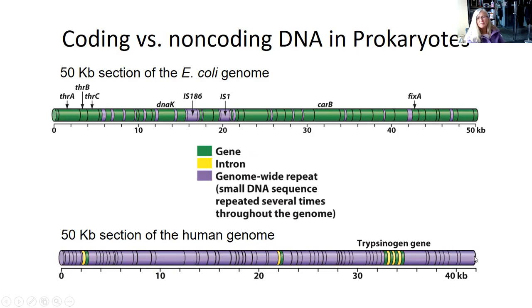So you'll notice, in our 50,000 base pairs, here's a gene, there's a gene, there's a gene with introns in them. Again, non-coding that get cut out before the gene is translated into a protein. And then all the rest are these small DNA sequences called repeats. These are repeats of sequences that get copied over and over and over again and have accumulated within our genomes. And guess what? A lot of them can be traced back to viruses.